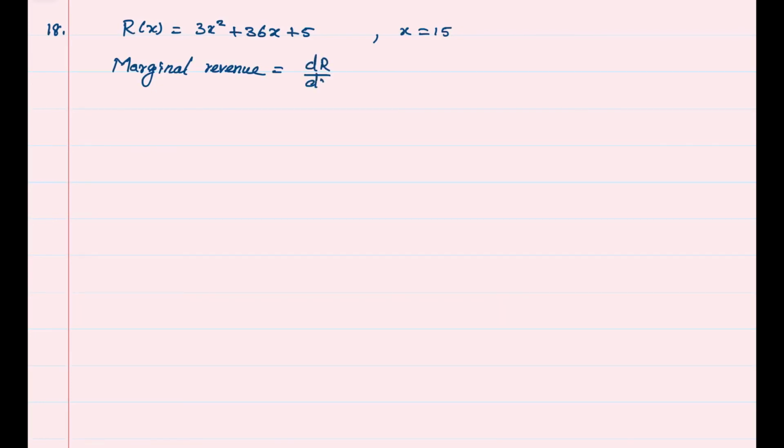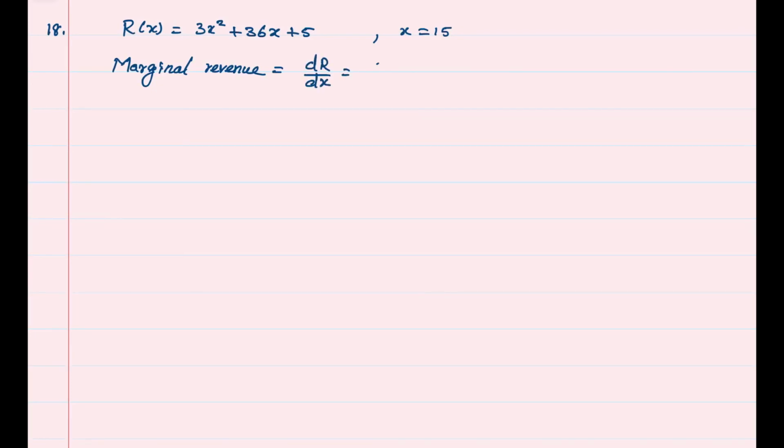Question 18. The total revenue in rupees received from the sale of x units of a product is given by R of x is equal to 3x square plus 36x plus 5. The marginal revenue when x equal to 15 is. We know that the marginal revenue is dR by dx.